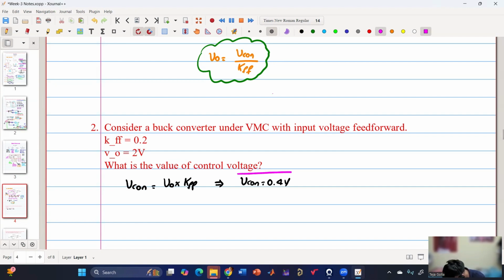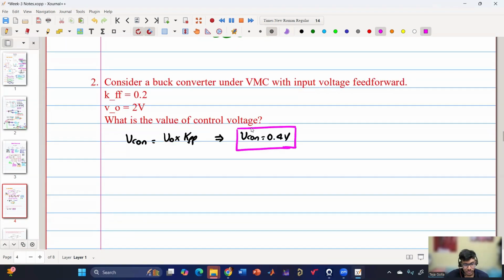Okay. So now I'll ask a few more questions. Say the input voltage is not given. My input voltage is 10 volt. What will be the value of Vcon, and what will be the value of duty ratio?